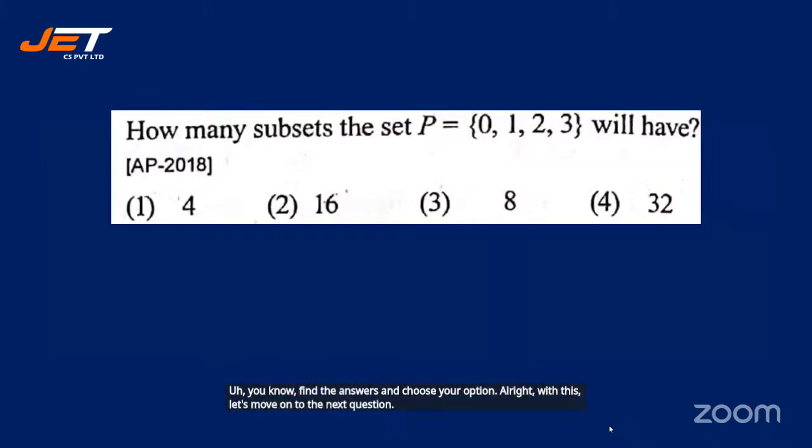How many subsets will the set P = {0, 1, 2, 3} have? So this was asked in the year 2018. So the number of subsets is 2 power n. n over here is 4. Am I right? This is what the last sum we did.